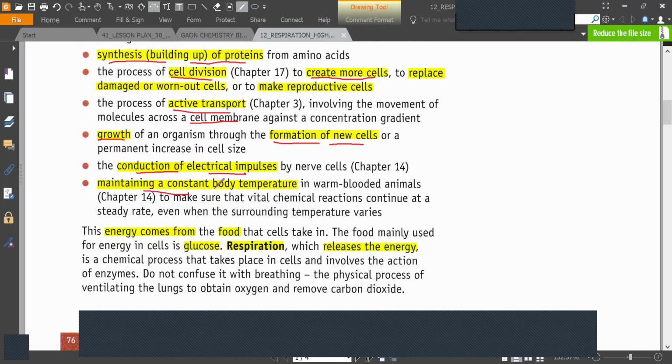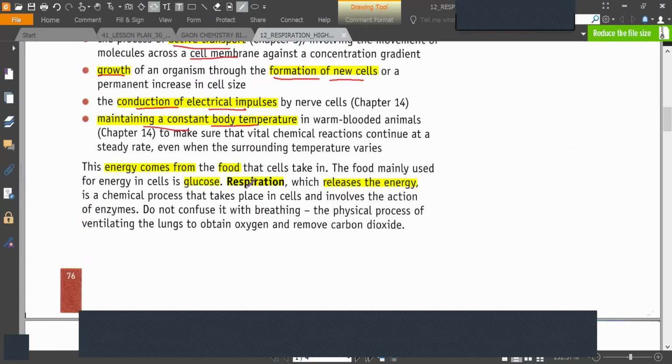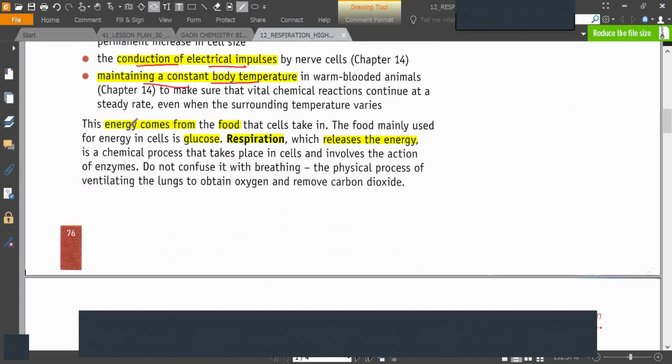Maintaining constant body temperature needs energy; if our environment is cold, we need extra energy to keep warm. The energy comes from our food, mainly glucose, and respiration releases energy from the glucose.